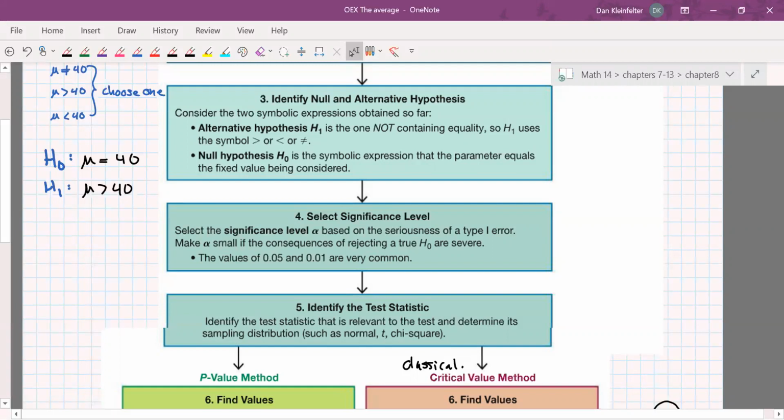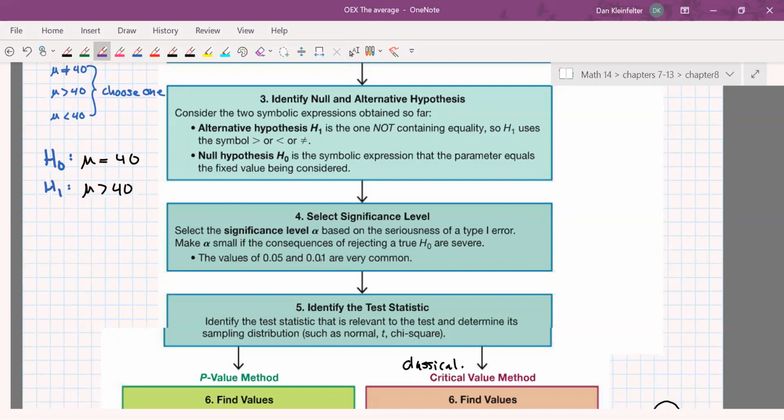Basically, the part about type 1 error and rejecting a true null hypothesis we'll deal with later, but you want to think that alpha will be smaller if there's a lot at stake in getting it wrong. If you're testing the effectiveness of a medicine that you're giving to babies, that's serious, so I would use an alpha that is small, like 0.01.